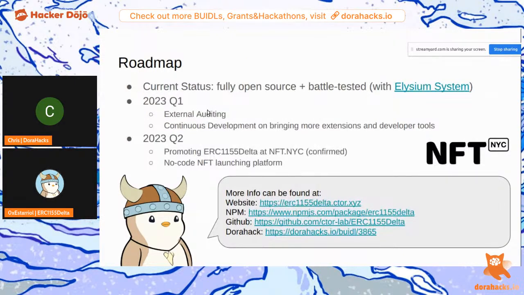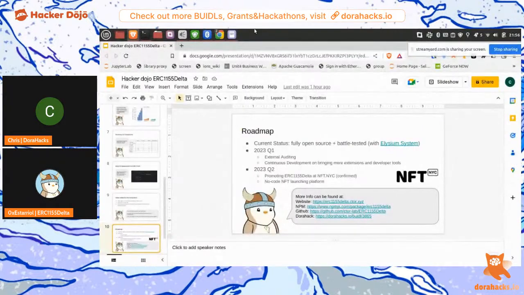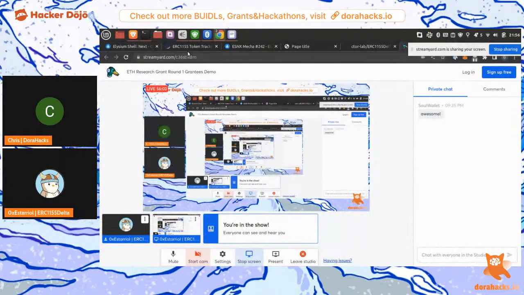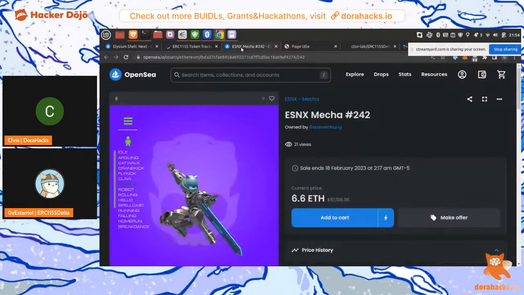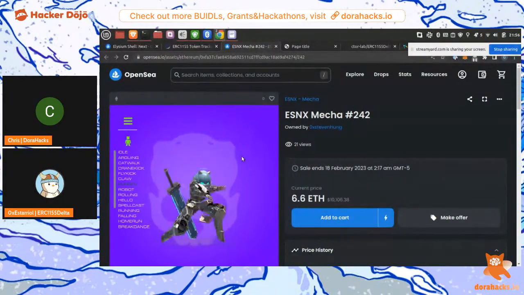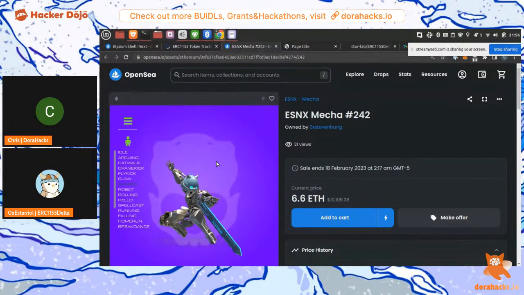Currently, ERC 1155 Delta is open source, and we have used it in production with our partners from Elysian System. I can actually show you the NFT contract. This is Elysian's latest NFT smart contract. It is a 3D PFP project.